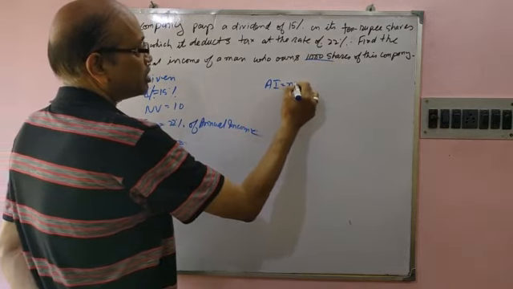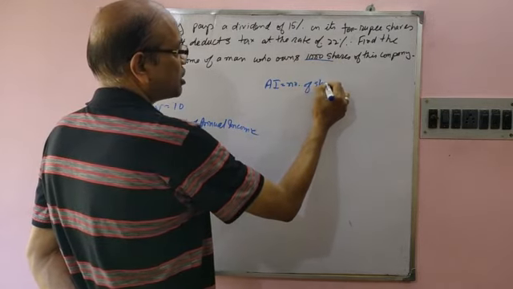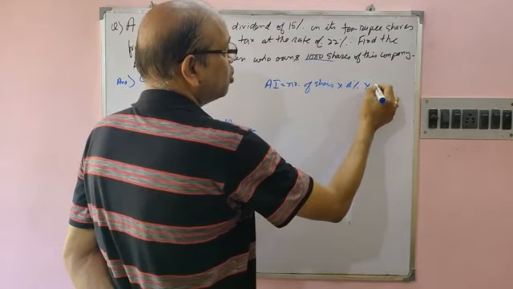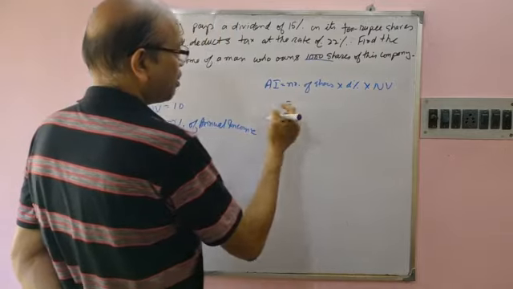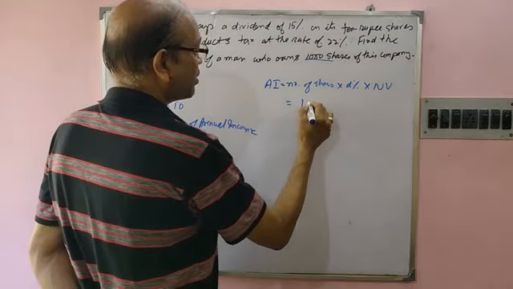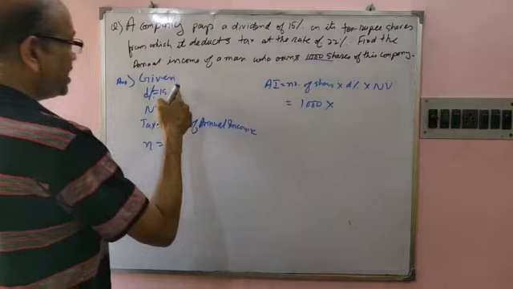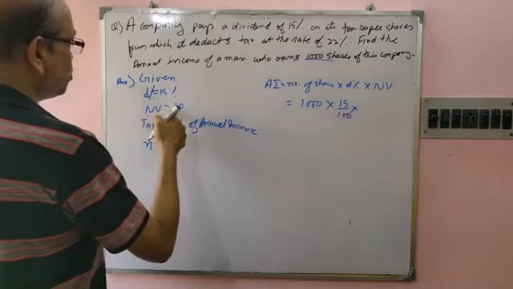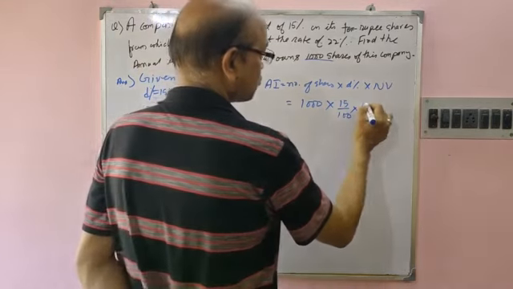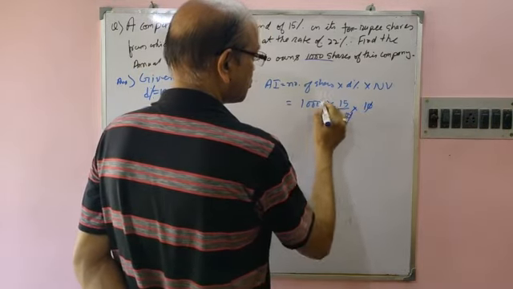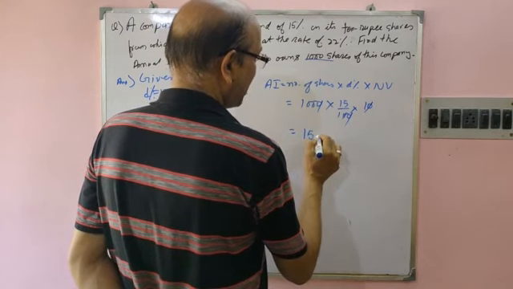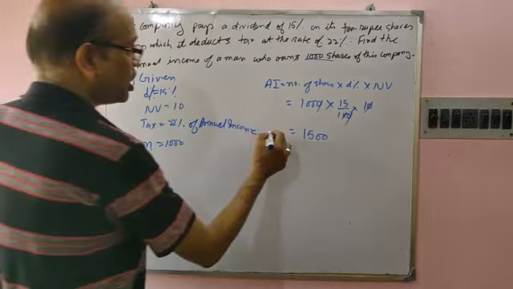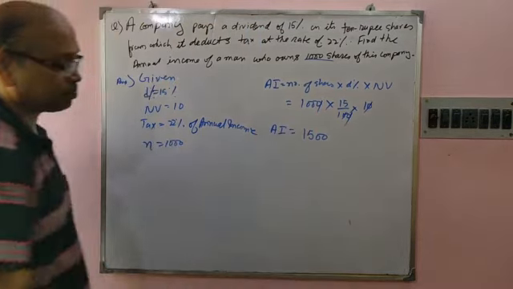The annual income is number of shares into D% into nominal value. Number of shares is 1000, D% is 15% of nominal value 10. So this is 1500. This is your annual income.